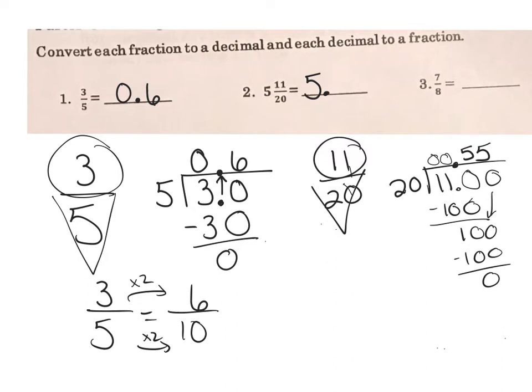So this would be 5 and 55 hundredths. And also, remember, you can write it as an equivalent ratio out of 10, 100, 1,000. So this can go to 100. So times 5 is 55 hundredths. And that's where the 55 comes from.